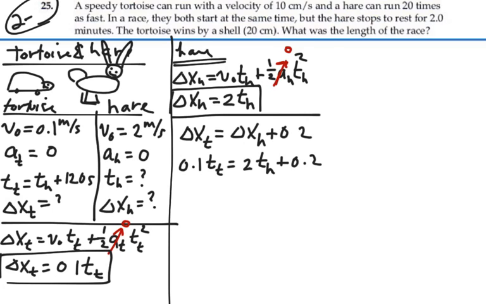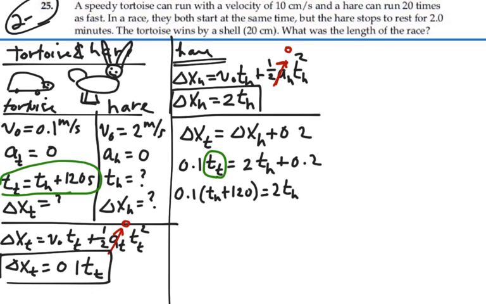But we happen to know that the time for the tortoise is equal to the time for the hare plus 120. So let's substitute that in for the time for the tortoise, and we now have 0.1 times the time for the hare plus 120 equals 2 times the time for the hare plus 0.2.